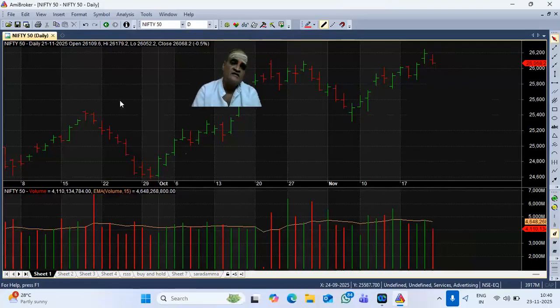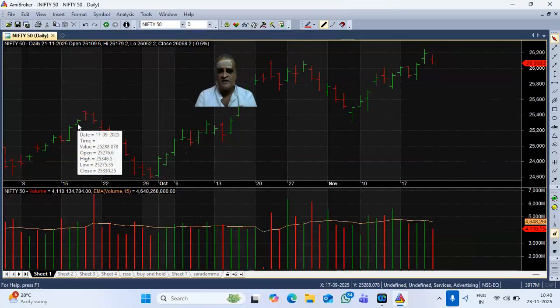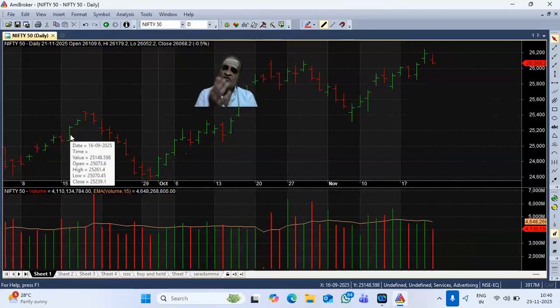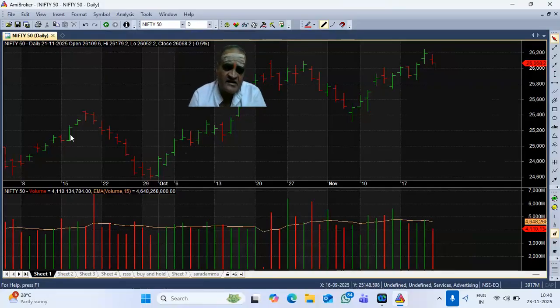Before this bar, the bar is an inside bar. Before that is a long outside bar. So there is one outside bar followed by one inside bar, again followed by another bar where the distance between open and close is less and open itself is high. That is a crucial point, with a decrease in volume.